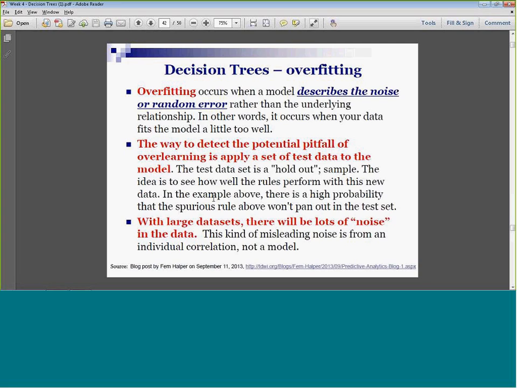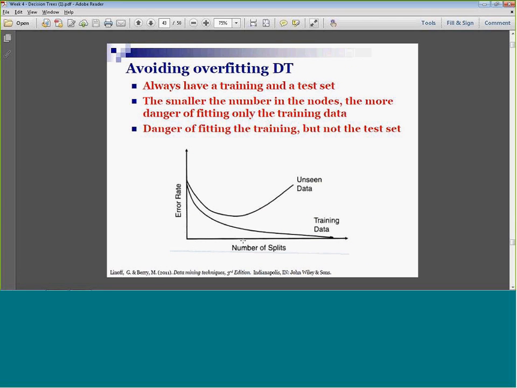And then there's a high probability that if you have overfitting, you're going to get some very bad results on the accuracy measures of your test set. With large data sets, with lots of predictors to choose from, there can be a lot of noise. It could be from individual correlations, not the model. Basically, the noise is built into somebody doing something silly.